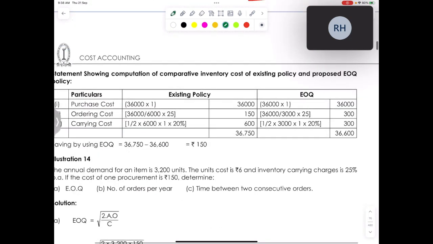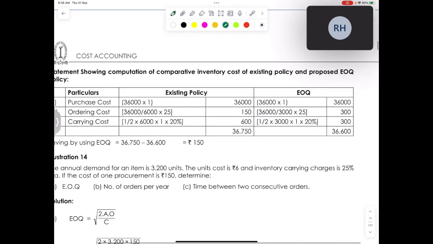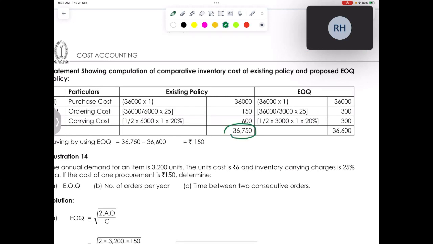So please check, my dear student. Right now we are incurring 36,750 rupee, while if we order through EOQ, then our total cost will be 36,600. It means 150 rupee can be saved if we order the quantity determined by the economic order quantity formula.